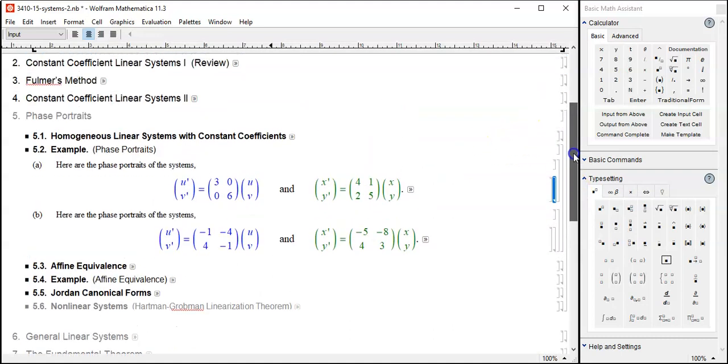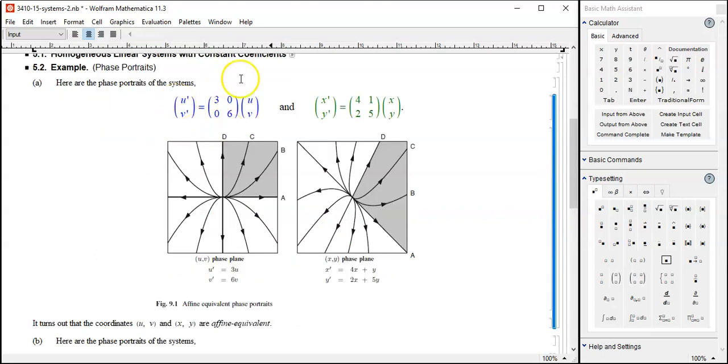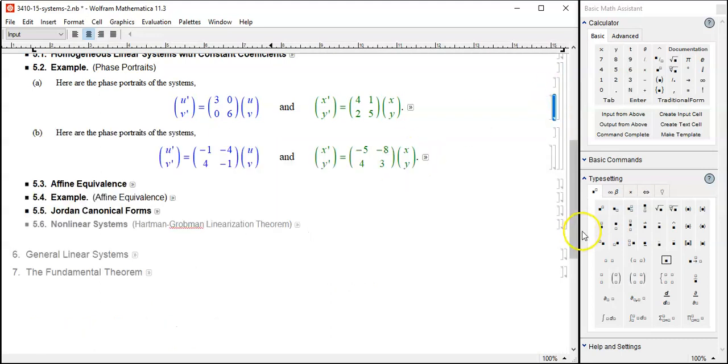Okay, we went through some examples of face portraits and then we discussed the purpose of the face portrait. That is, we want to describe the behavior of the original homogeneous linear system briefly and concisely, yet accurately. So, what is it?